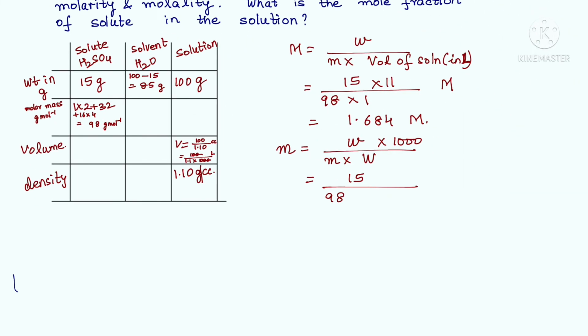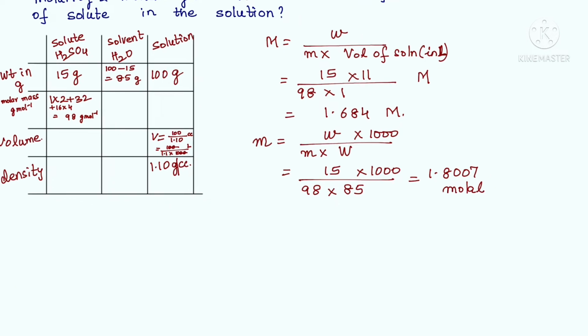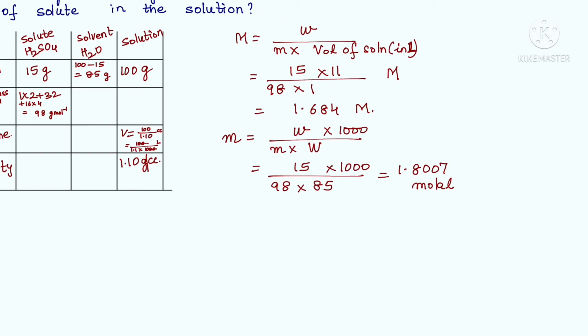I wish I had known this method when I was doing my grade 11, 12. It becomes so much easier, right? And the answer that I got was 1.8007 molal. Yes, our answers may differ slightly because, just to be doubly sure, I used a calculator to solve it. 1.8007. Please don't forget the unit.